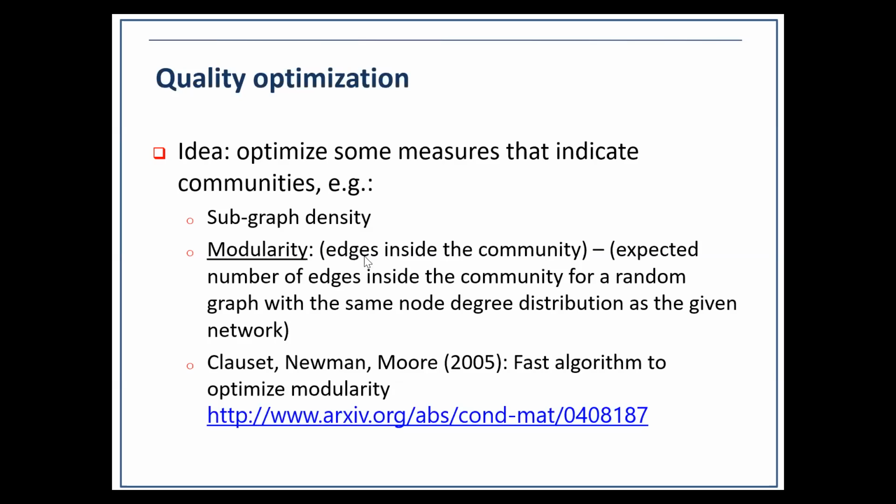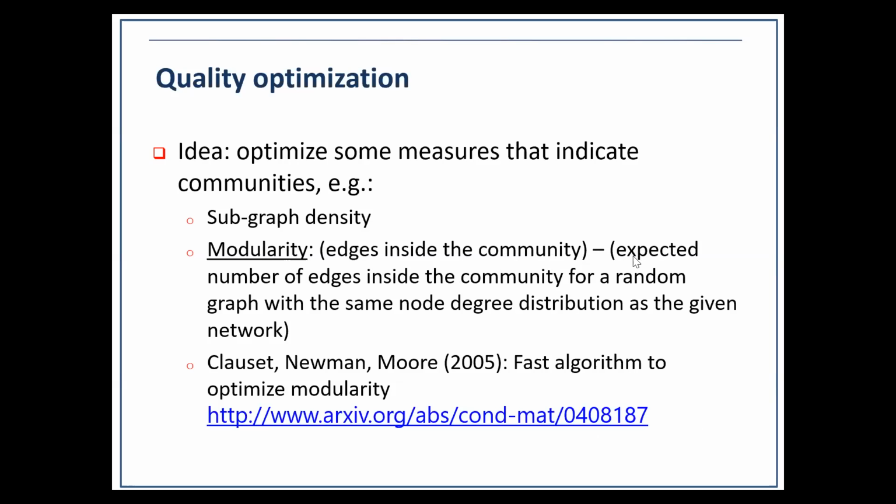Thank you. So we have the edges inside the community. That's the easy part. We just count what we observe, minus the expected number of edges within the same community, if the node degree would be the same all over the network. We don't do the calculation right now. We will see a formula, but I'm not interested in the formula. I'm interested in you understanding what the formula says.